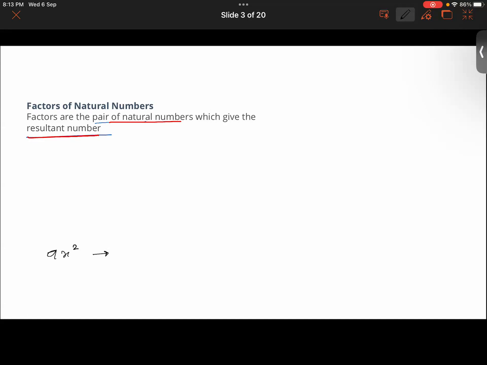We talked about what is a coefficient, what is the constant factor, what is the variable factor. So it can be written like this: 9 multiplied by x multiplied by x. Here you are getting the factors. Can we reduce them further? No, they cannot be reduced further.